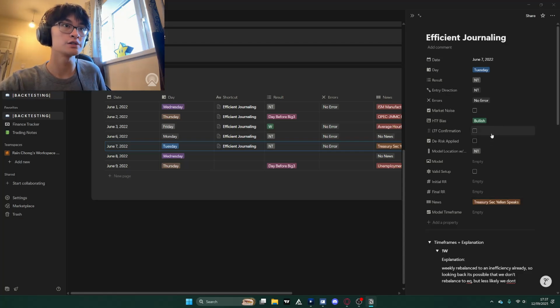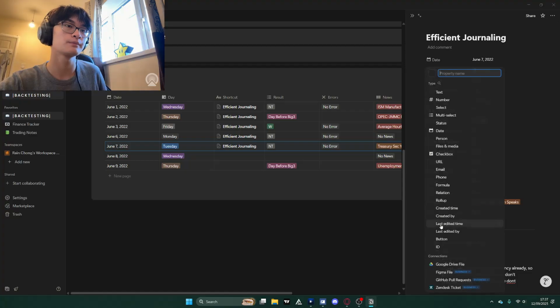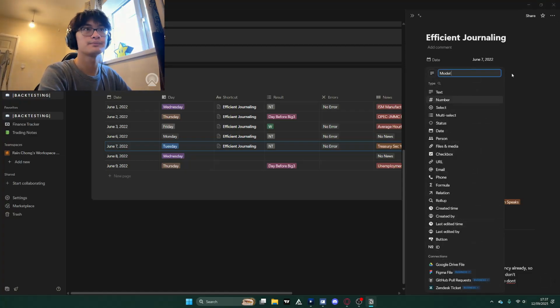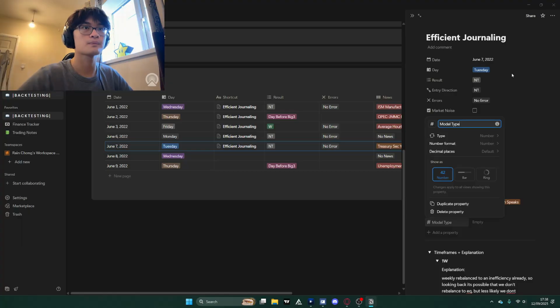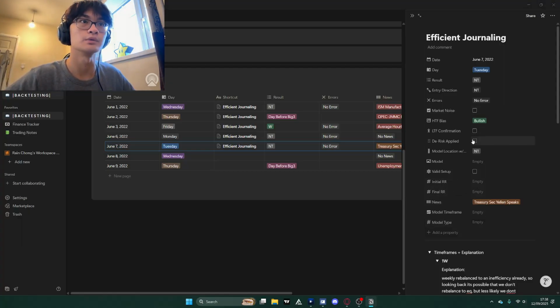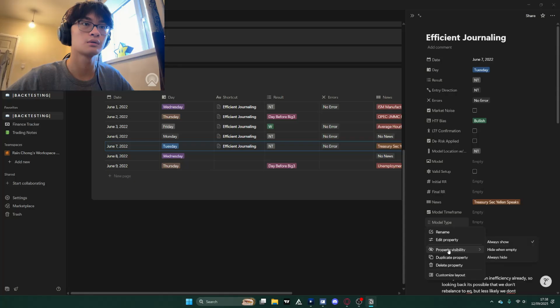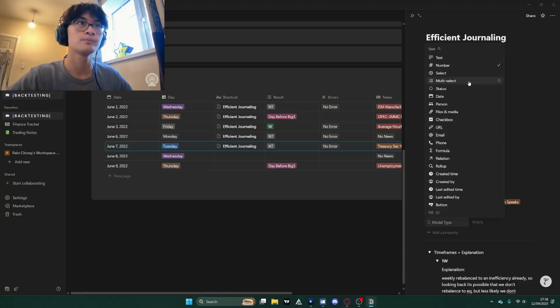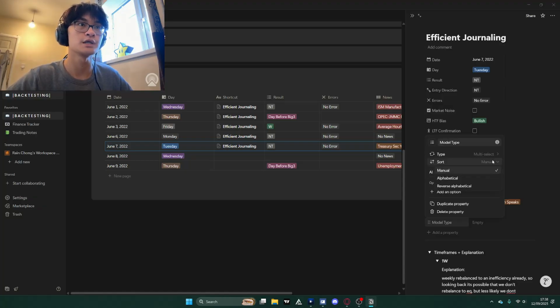It was a reversal, so I should do model type, and we're going to change that to multi-select.